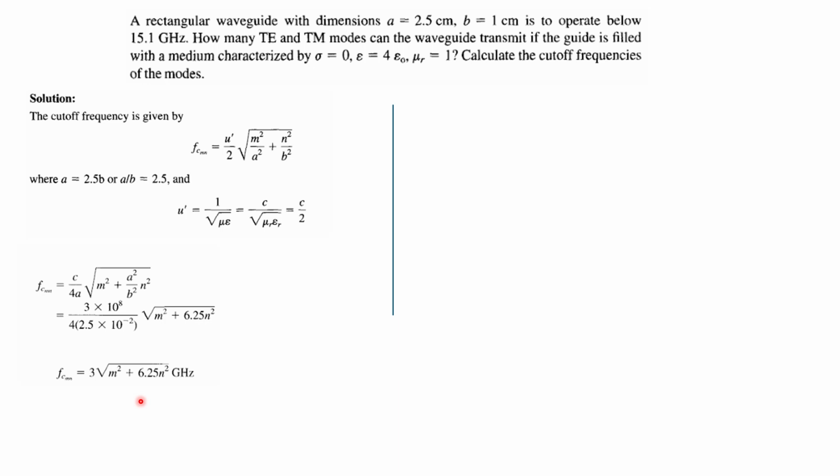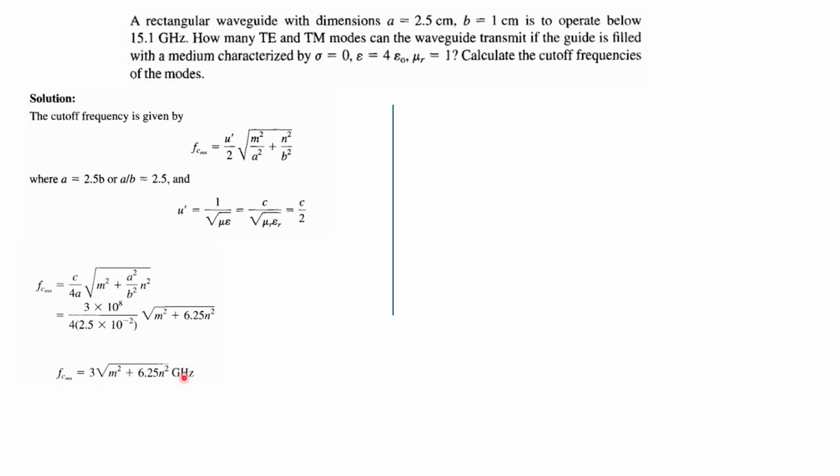Very simple, because m and n will tell us how many modes will propagate. We keep putting the values of m and n from 0, 1, 2, 3 and onwards while the waveguide carries frequencies less than this. If the frequency is higher than this, we stop putting the values.